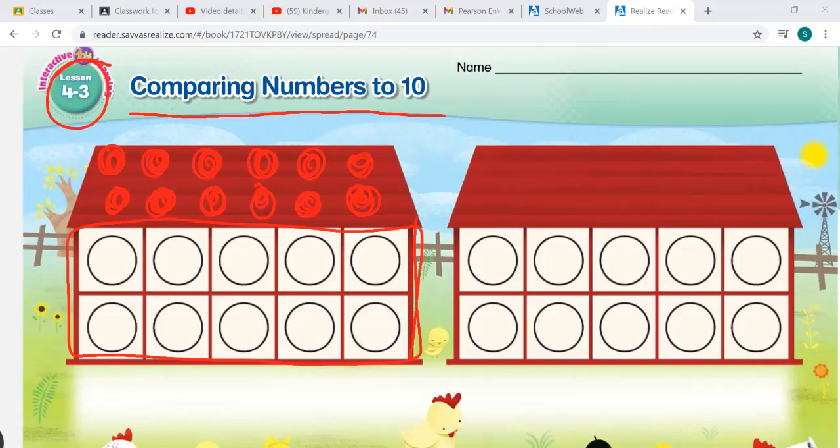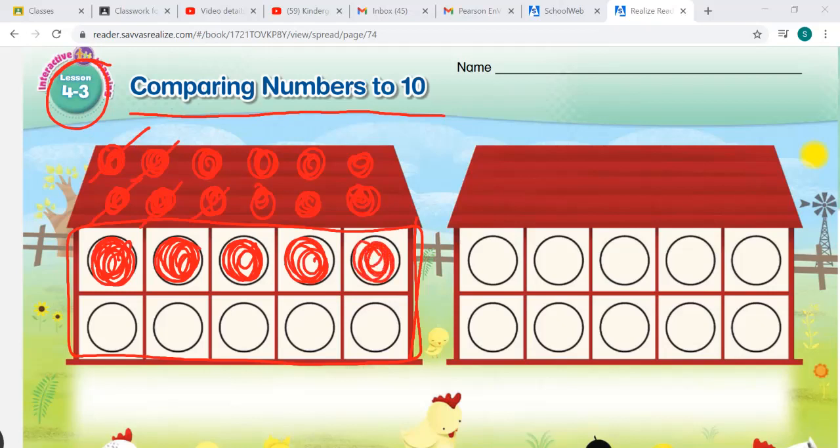I'm going to put a line through each counter that I move. So there's one counter. I'm going to put a line and move it over here. And I'm going to continue to do this with my counters. I'm filling up this 10 frame.